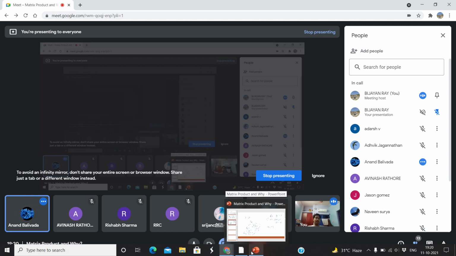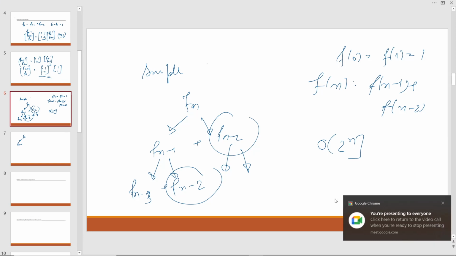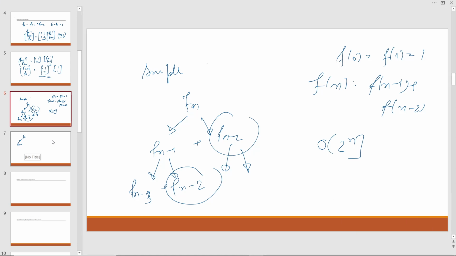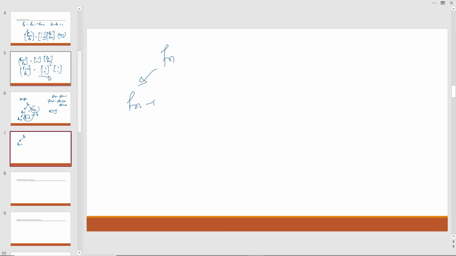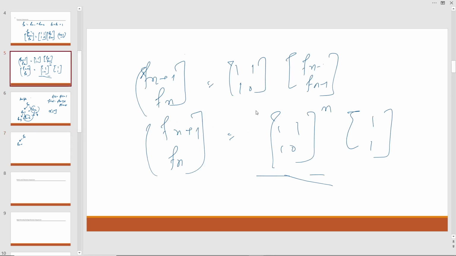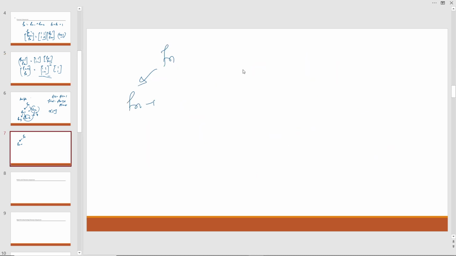Okay, so now we shall see that in the matrix-based approach, it's actually logarithmic in n, which is polynomial in the input size. So basically we have to just compute this, the nth power of the matrix.